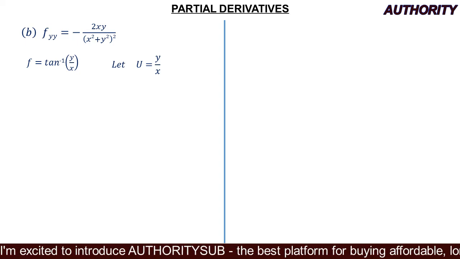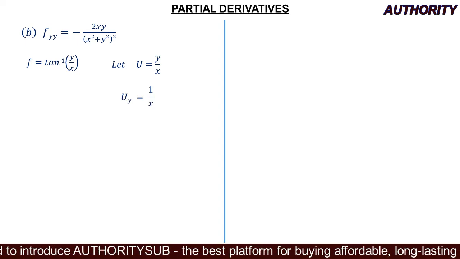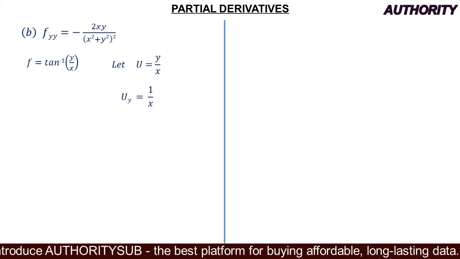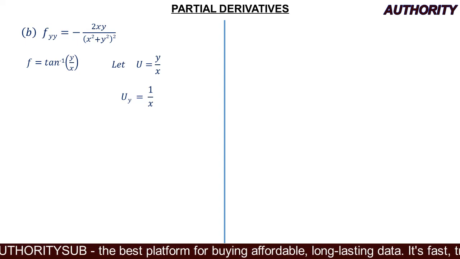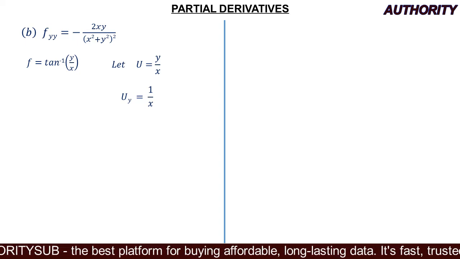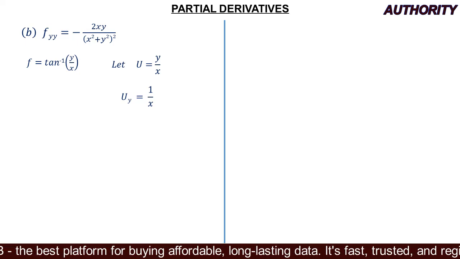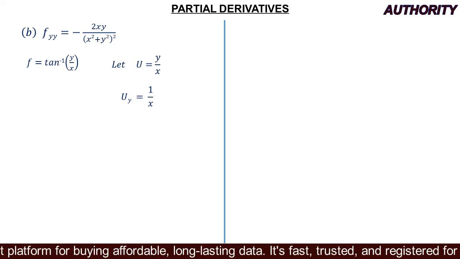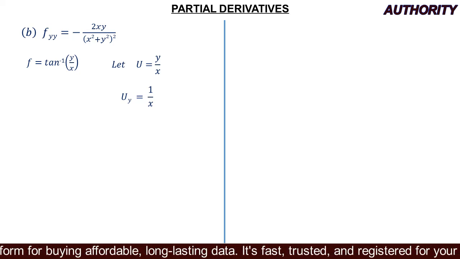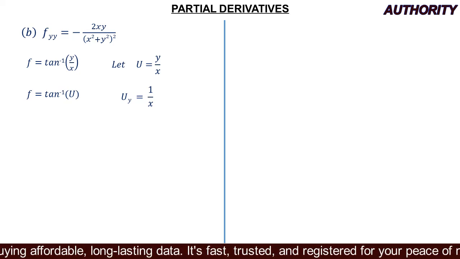So when we differentiate this, we are going to have 1 all over x. This is elementary differentiation, right? I'm very sure you can do it. Now let's go. In this place where we have our function f is equal to tan inverse of y all over x, and we have declared a variable u to be y all over x, that is to say that our new function is f is equal to tan inverse of u.